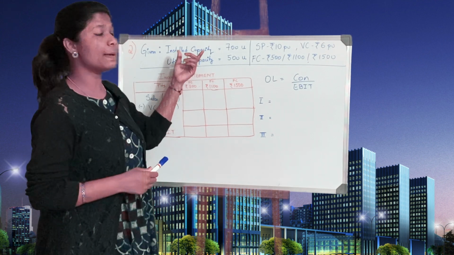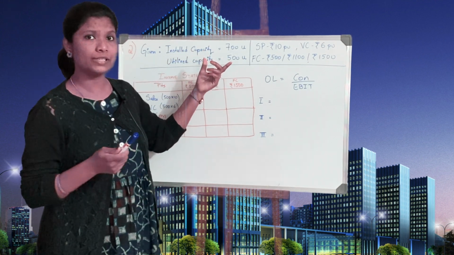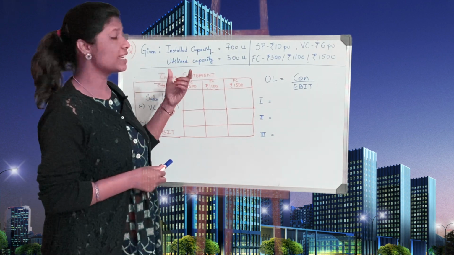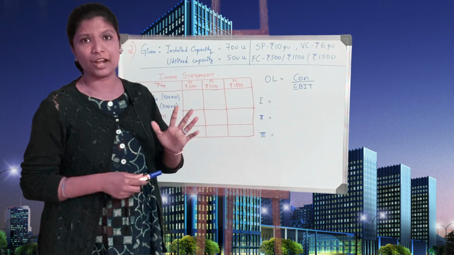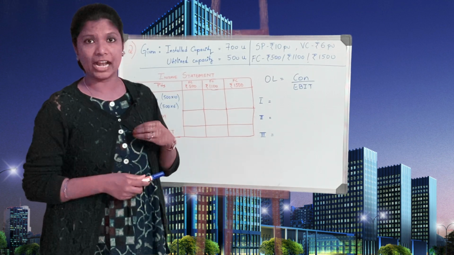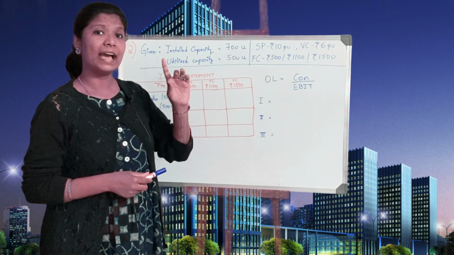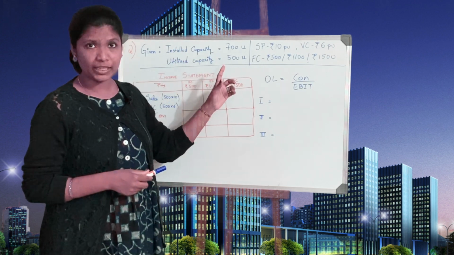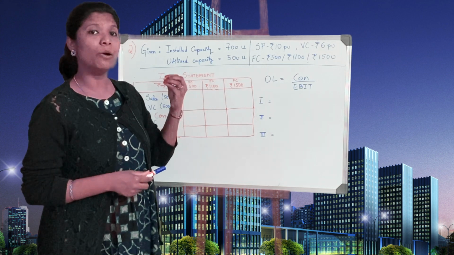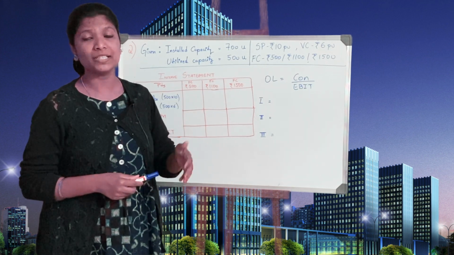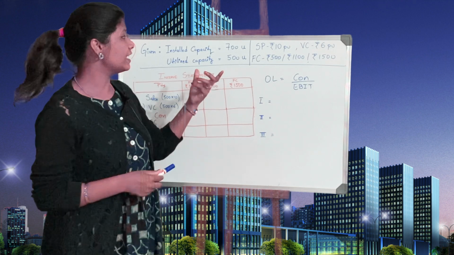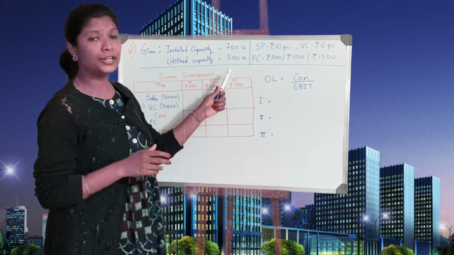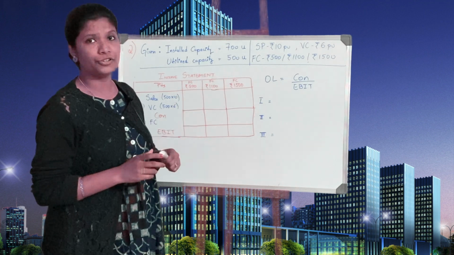Yes, the company's machinery has the capacity of producing 700 units, but how much has the company utilized? Only 500. Therefore, my profit calculation will not depend on the installed capacity of the machine, but on how much the company has produced, which is 500. So my calculations will be based on 500 units and not 700 units.